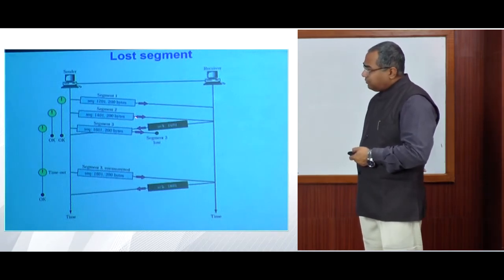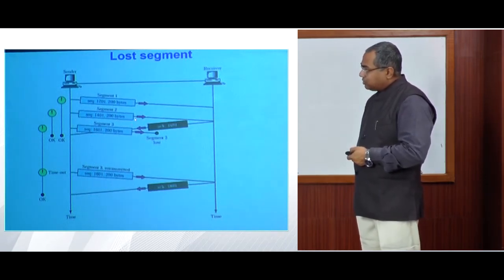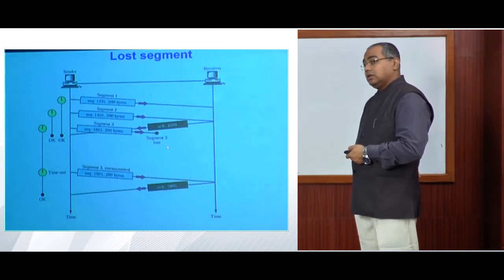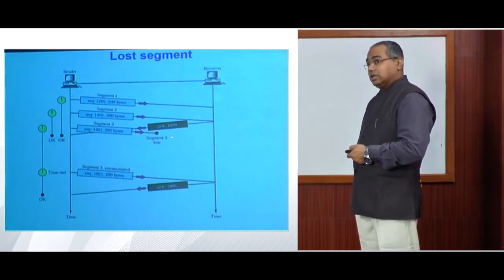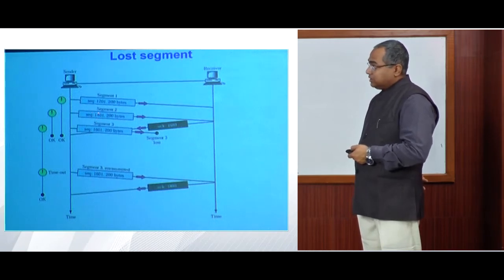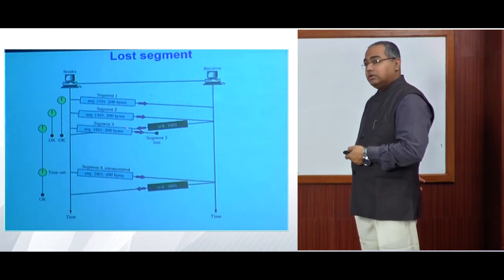Now, one point we should consider: say segment 2 has been received here. What is the acknowledgement to be sent across? We discussed this in the first part of the discussion, if you remember. Segment 2 has sequence number 1401 and is 200 bytes, which means it goes from 1401 to 1600.